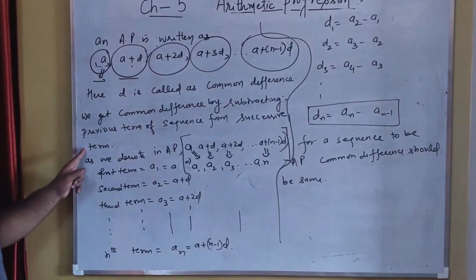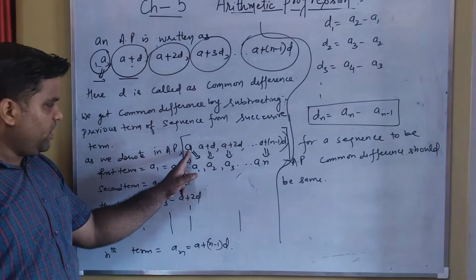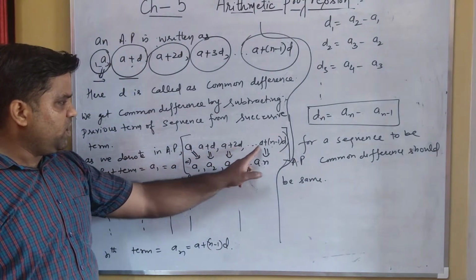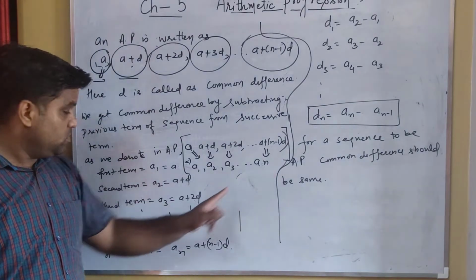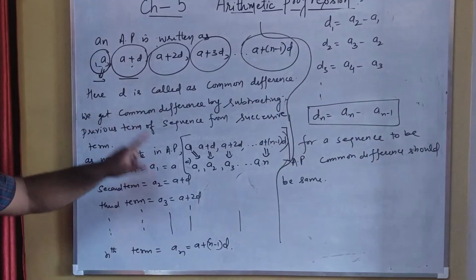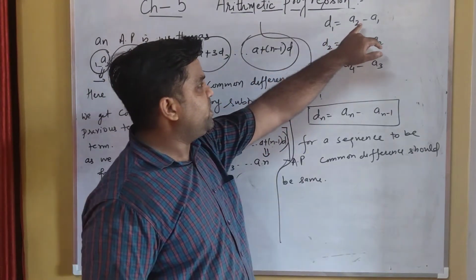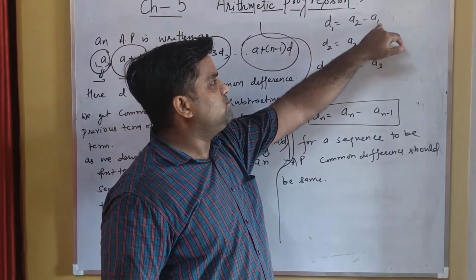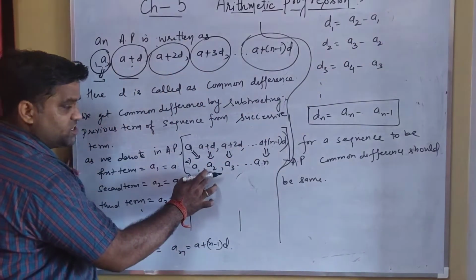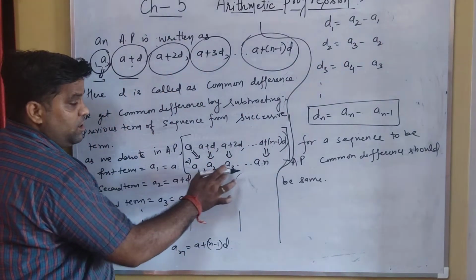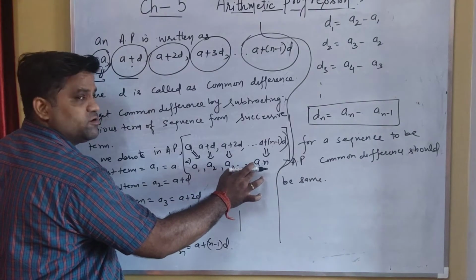For example, if we denote the terms of the arithmetic progression a, a plus d, a plus 2d, up to a plus (n minus 1) into d as a1, a2, a3 and so on, we get the common difference by subtracting the previous term from the successive term. As a2 is the successive of a1, a3 is the successive of a2 and an is the successive of the (n minus 1)th term.